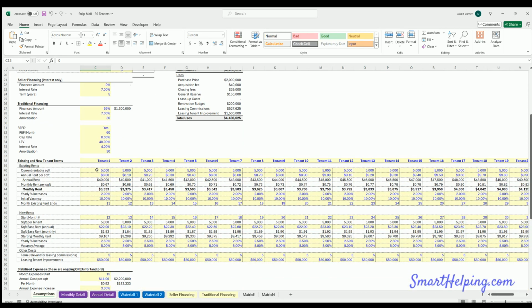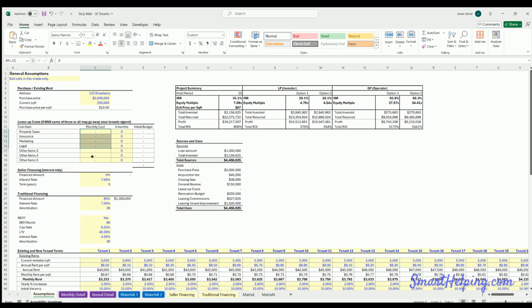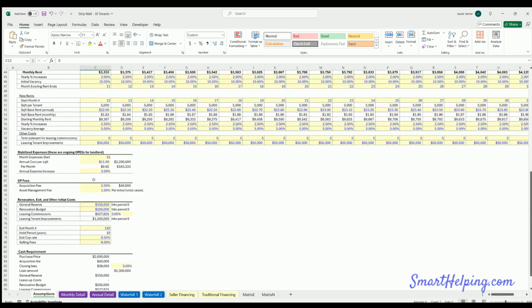Now there's also, once you get stabilized, you can put in here your stabilized expenses, and you could define when those start and what your annual cost per square foot is, as well as the annual expense increase. Now this will be what the landlord has to pay once, let's assume you are fully leased up, and what you expect to have to pay over time.